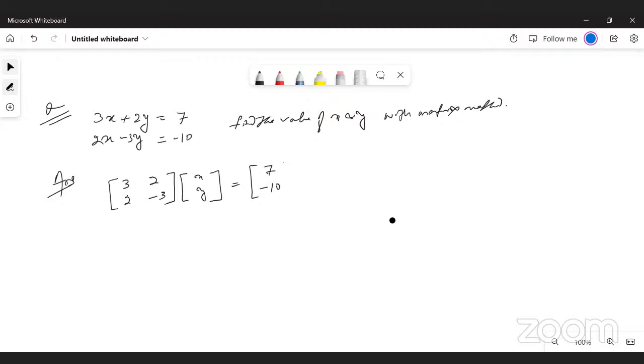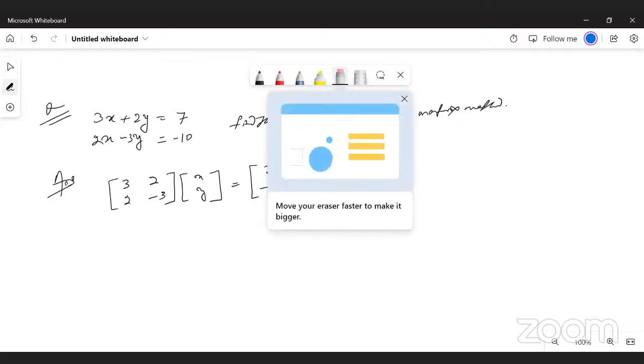Let's say we change this one. 6 minus 2 becomes 4.